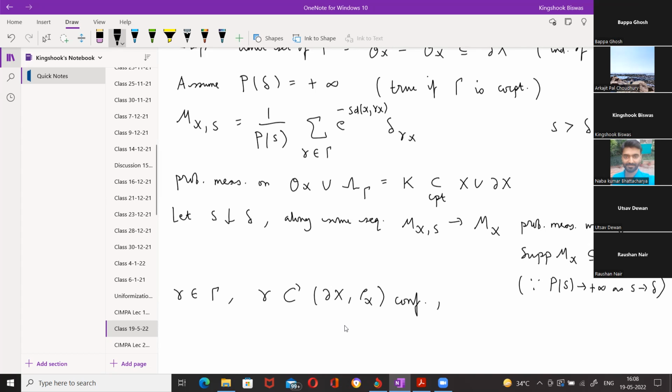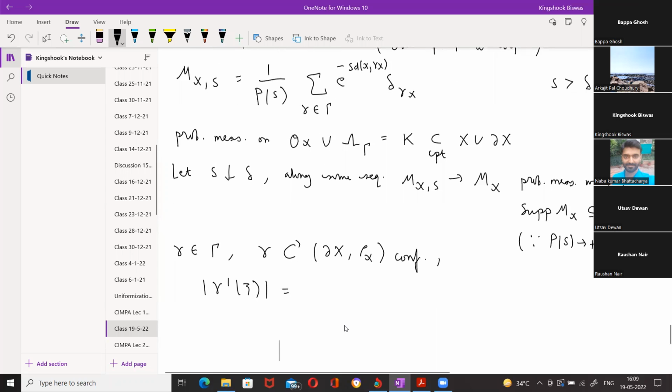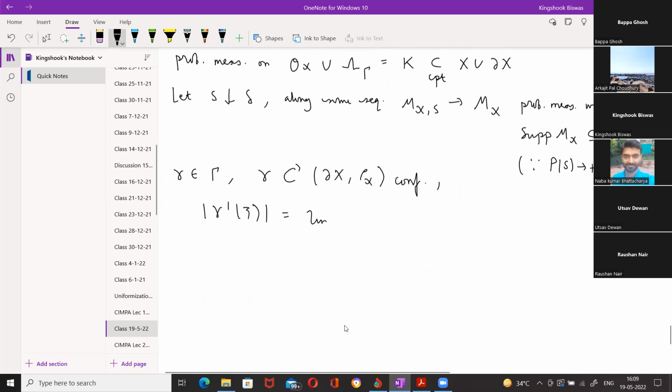What is the modulus of gamma prime of xi? This is the limit as eta tends to xi of rho x of gamma xi, gamma eta, over rho x of xi, eta.